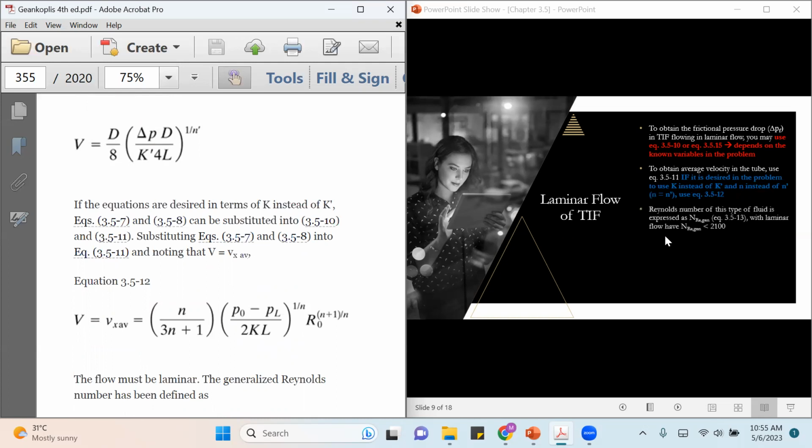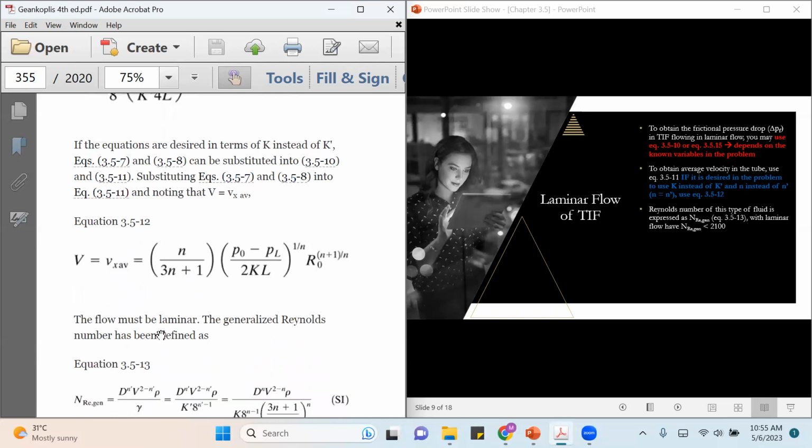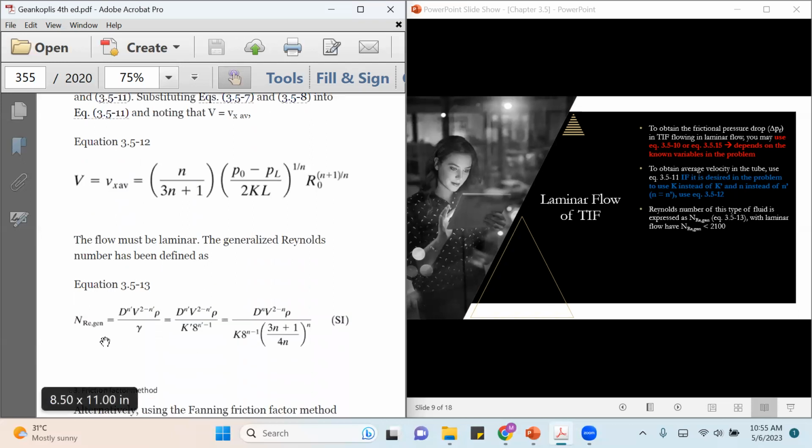Since we are talking about flow in a pipe, there will be a Reynolds number as well. This is the generalized Reynolds number. How to calculate it? Use this.